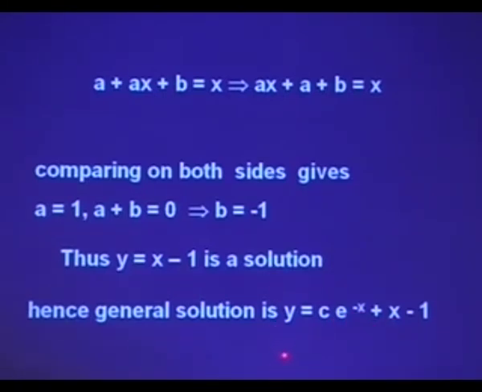And if I put y dash plus y, I would be getting c times e to the power minus x plus x minus 1 and minus c times e to the power minus x plus 1, that will give me only x. That says this function is satisfying the given differential equation y dash plus y is equal to x.